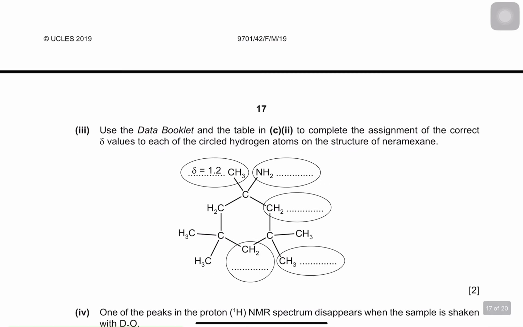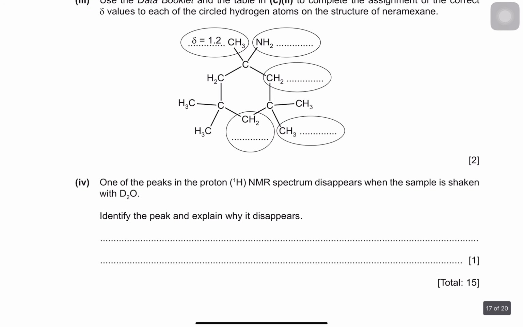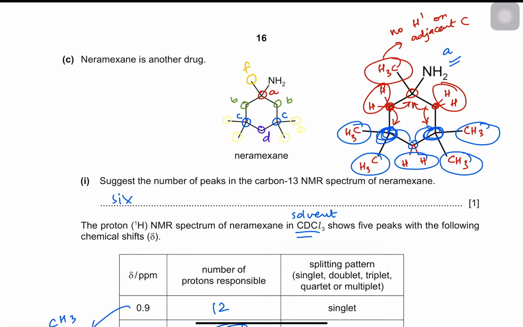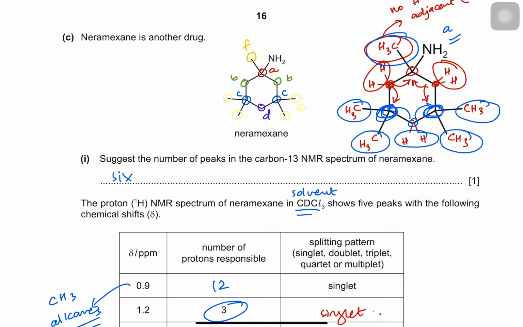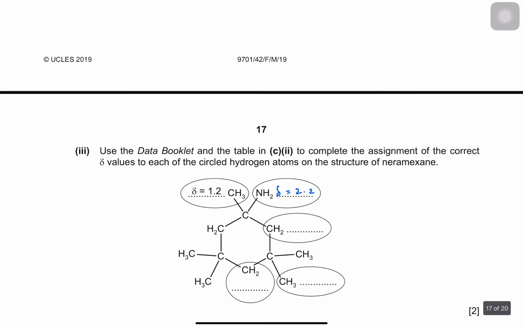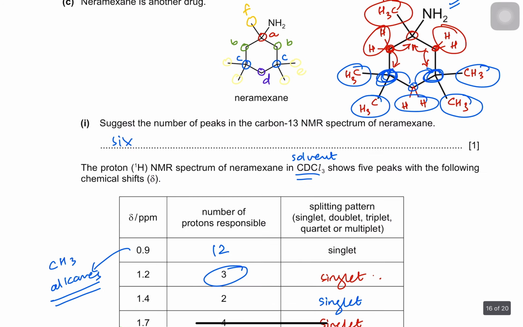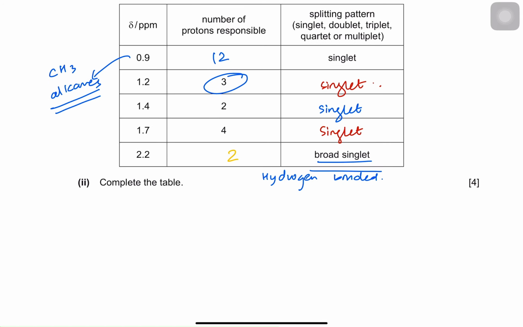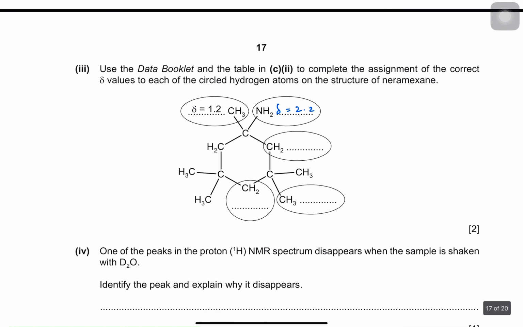Let's go back to complete this table. For NH2, we get a peak at 2.2 because of the hydrogen bonding. It's a broad peak. You are getting 3 protons responsible at 1.2. The 3 protons were this one, CH3. So 1.2 is because of this, as they have mentioned. You have 4 protons responsible at 1.7.